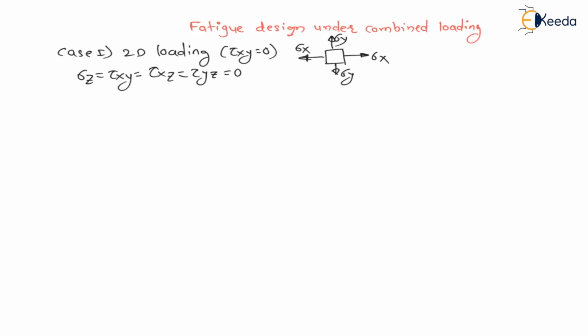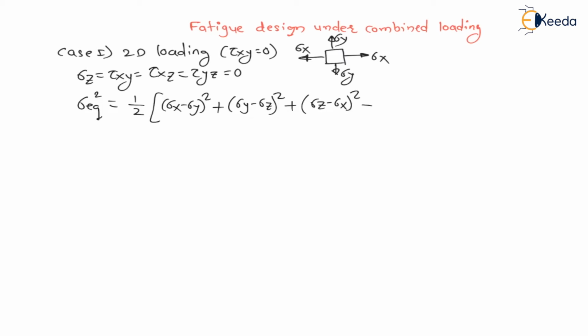Now use the distortion energy theory and find sigma equivalent square, which was 1 half in bracket sigma x minus sigma y whole square plus sigma y minus sigma z whole square plus sigma z minus sigma x whole square plus 6 in bracket tau xy square plus tau yz square plus tau zx square.